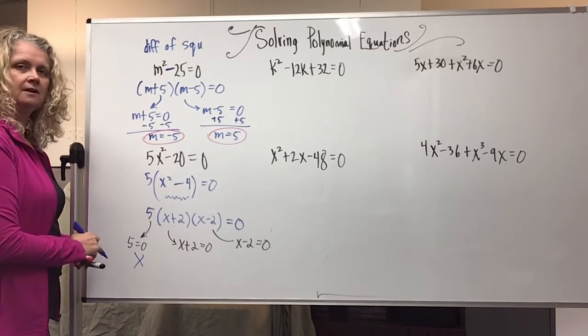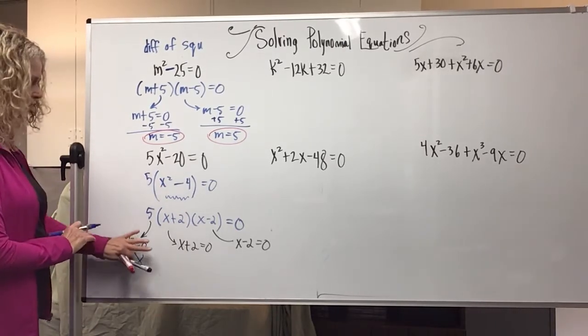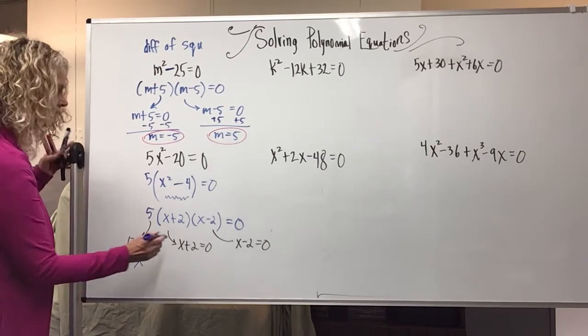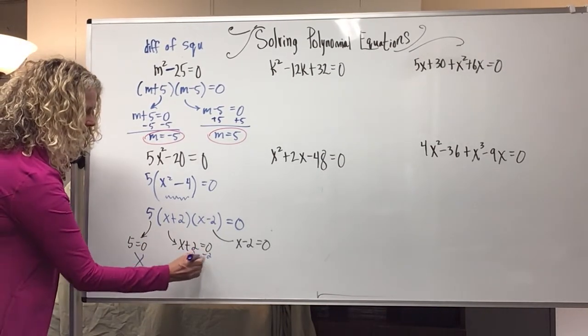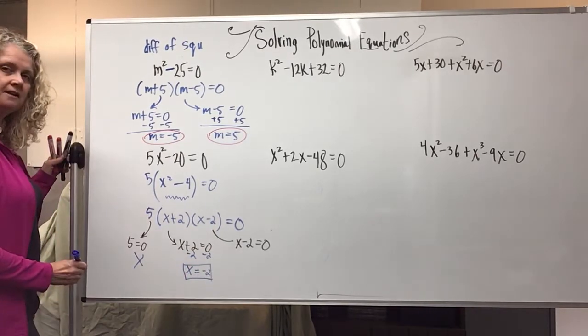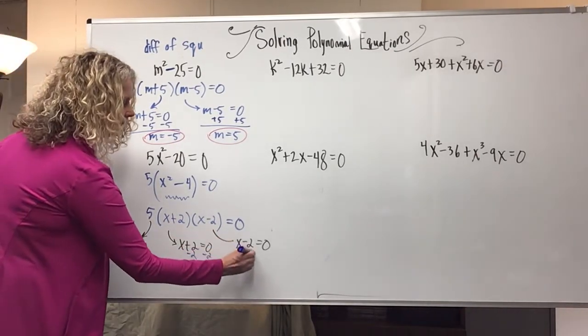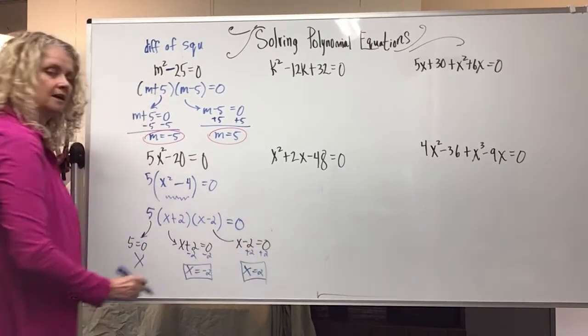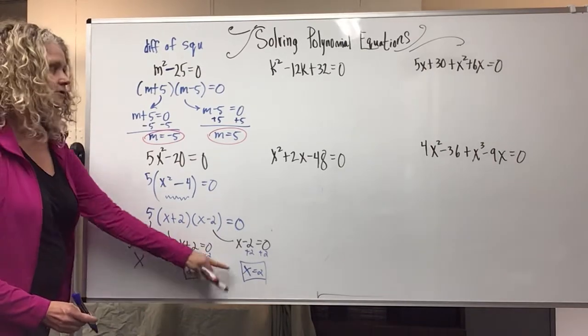It will later in advanced math classes, but for our purposes, this doesn't give us information that's relevant in this situation. And now for this one, you're going to subtract 2 from each side. And here you're going to add 2 to each side. So notice here again, we have two solutions.